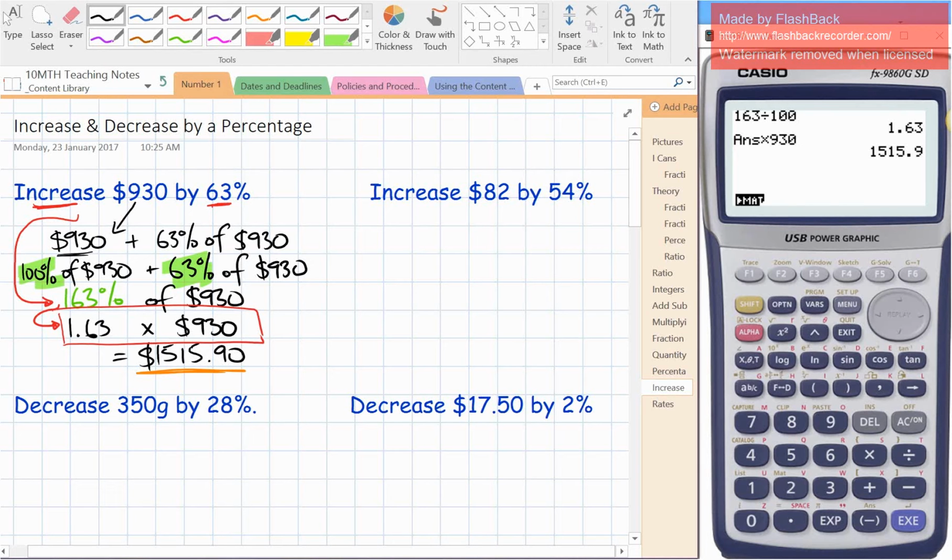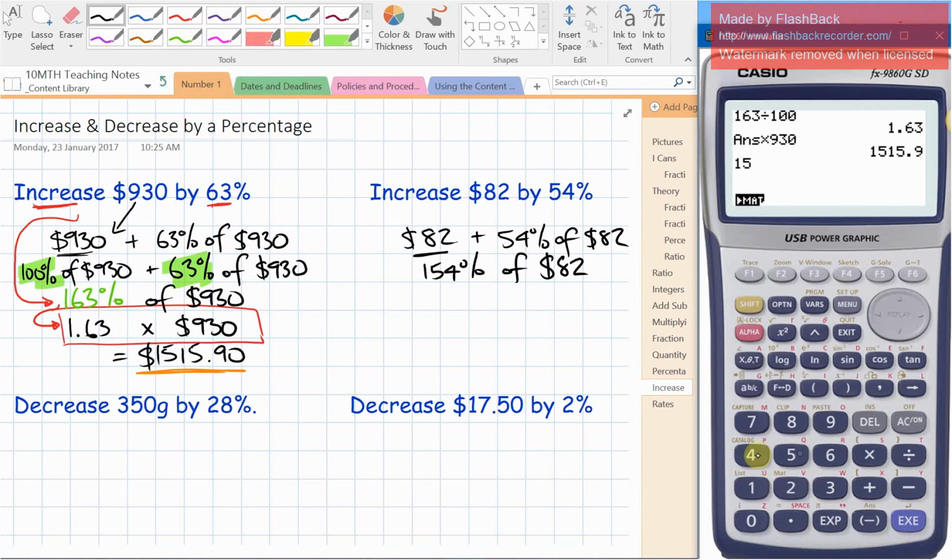Increase $82 by 54%. So what I'm doing here is I've got $82 plus 54% of $82. Okay, so I know that that $82 is 100%. So I'm effectively ending up with 100% plus 54% of $82. So I'm going to write that like this: 154% of $82.